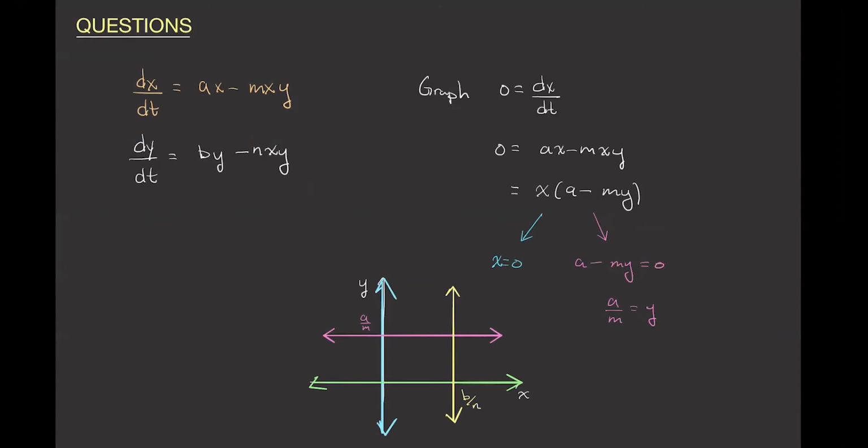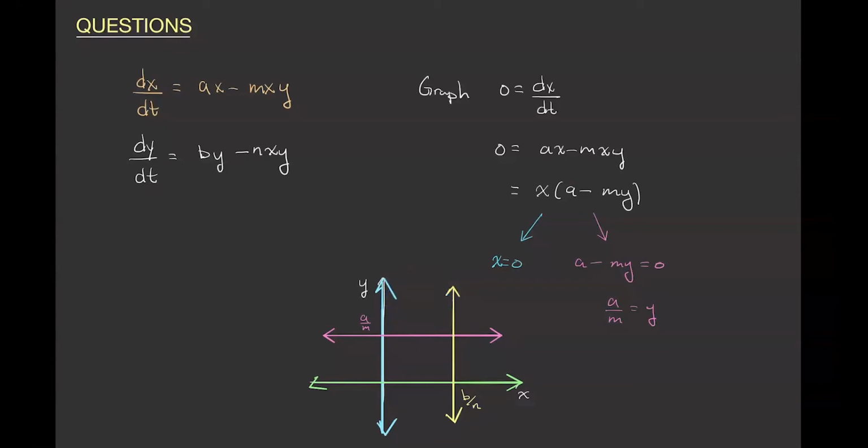What we get, say, let's see, maybe this region, any one will work. But in that region, we have that y is greater than a divided by m, and x is positive.